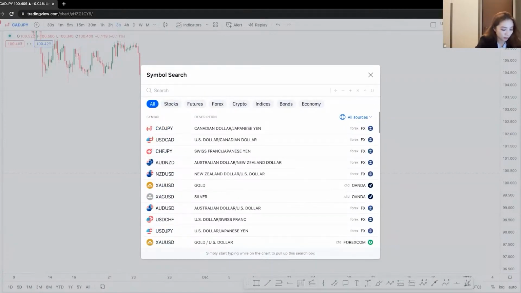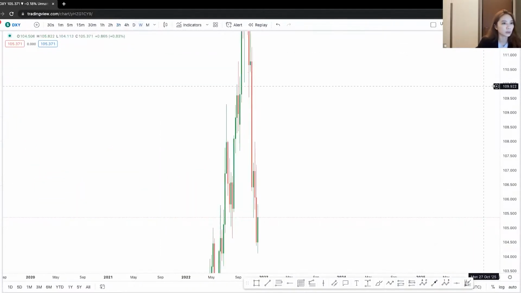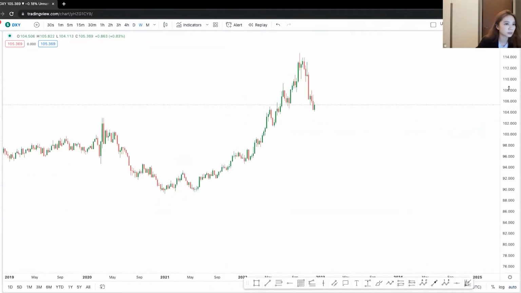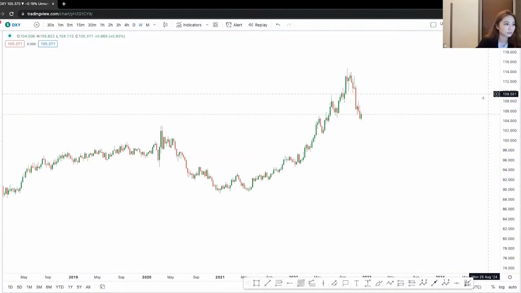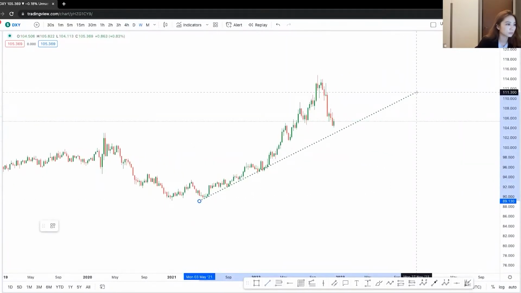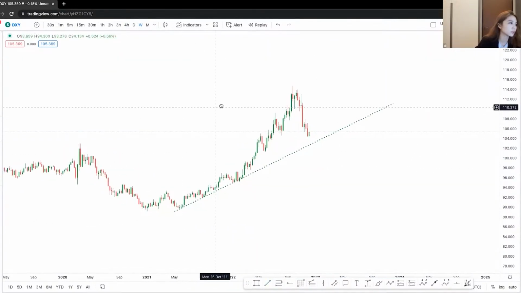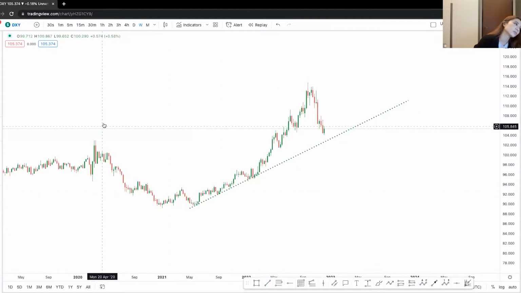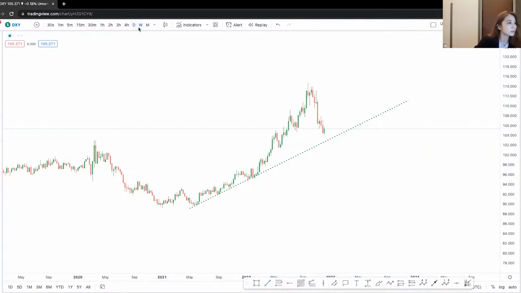Let me think. Let's just do the XY on the weekly chart. Upward moving as well, strong downturn after. Let's look at daily.